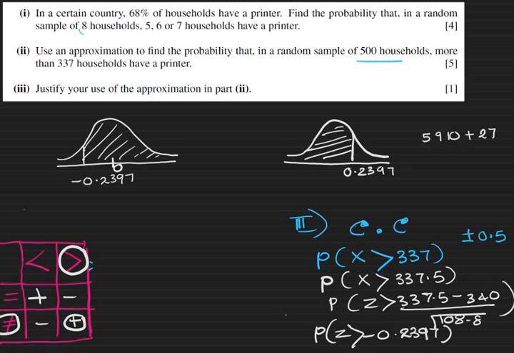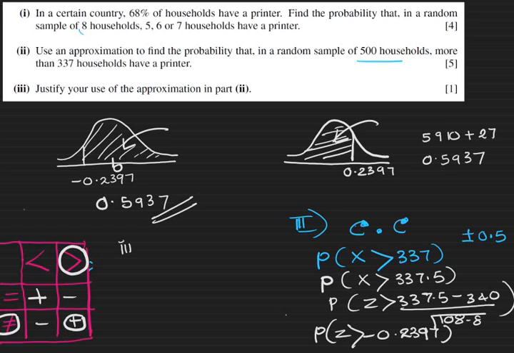So 0.5910 plus 27, we get 0.5937. So that is the area, this part. The area of this one will also be the same, because you can see the diagram is symmetrical. So the answer to part 2 is 0.5937.